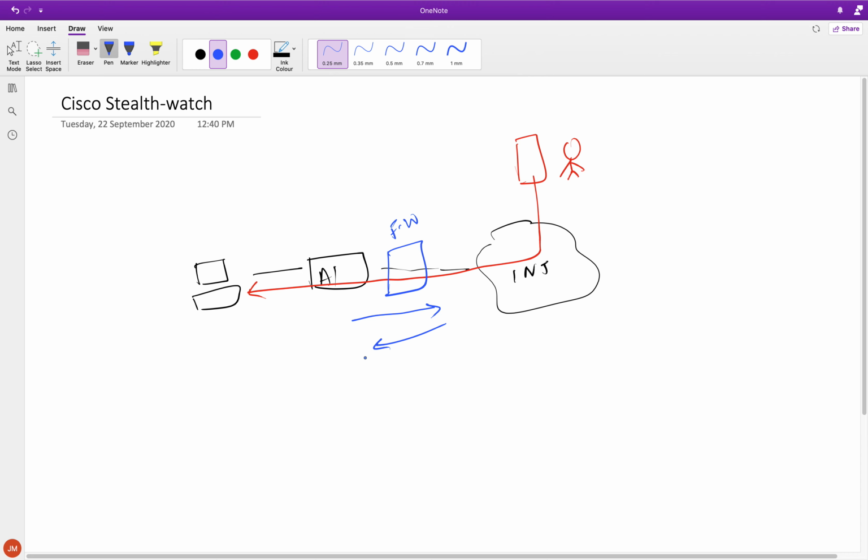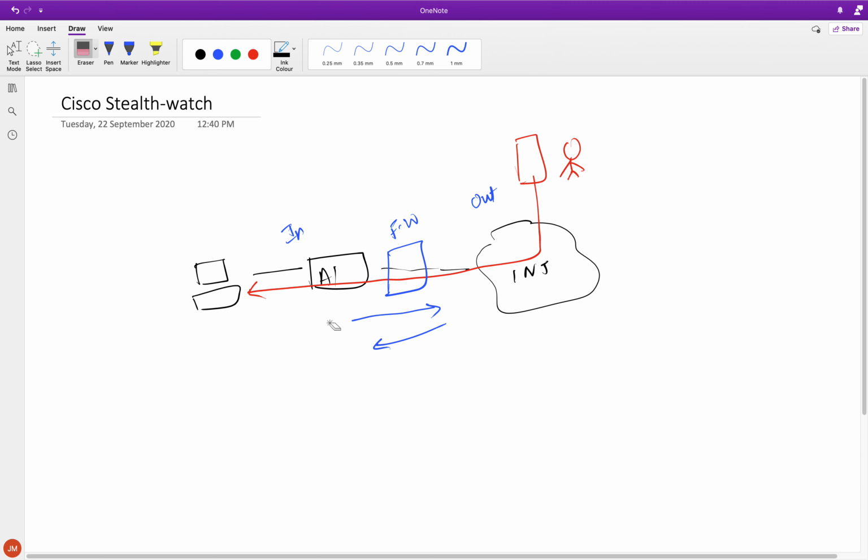Now in the initial days it was stateless, which means you had to define both of these directions. You had to tell what traffic has to be allowed from inside to outside, and at the same time from outside to inside. But as advancements happened, they came up with what we call a stateful firewall, right?